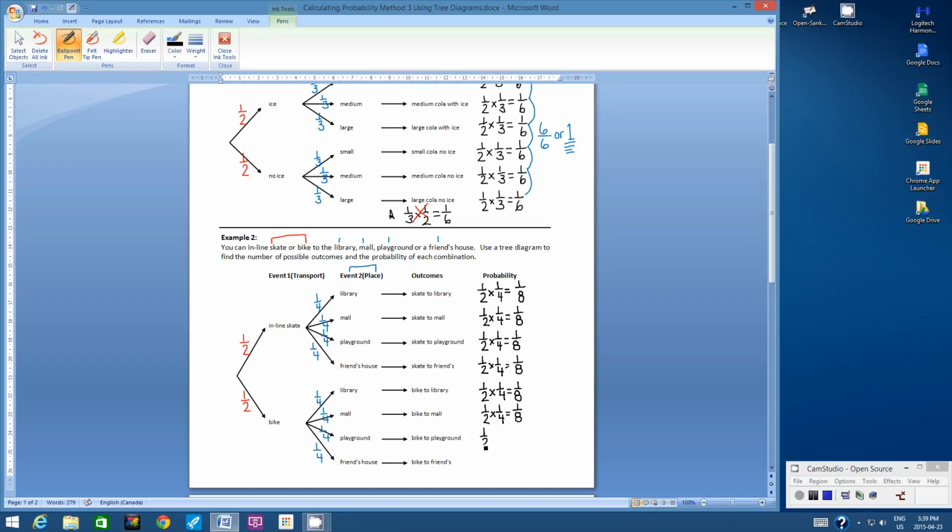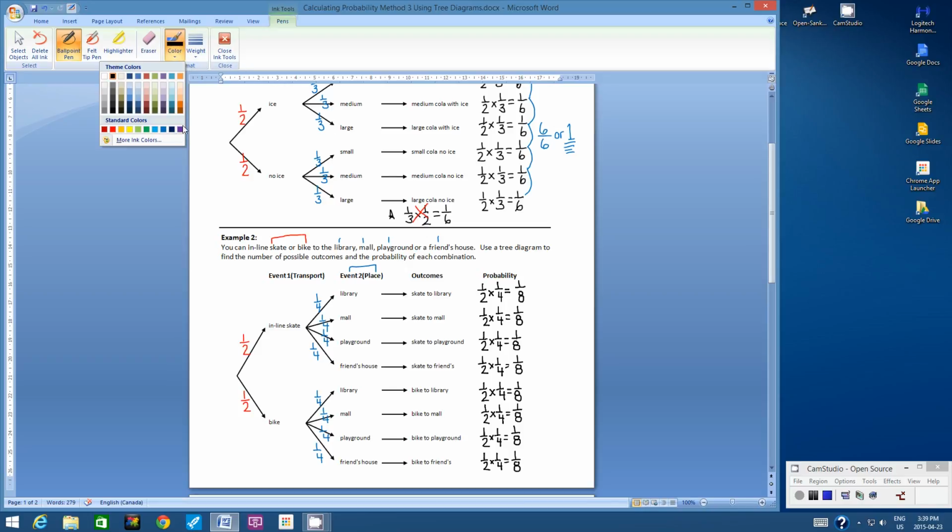So we have 1/2 times 1/4 again. Okay? And then the last outcome, bike to friends. Bike is 1/2, friends is 1/4. So bike is 1/2 times 1/4 equals 1/8.